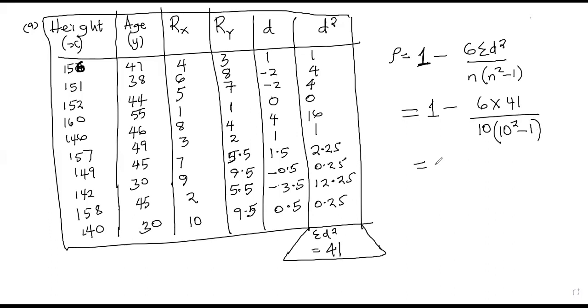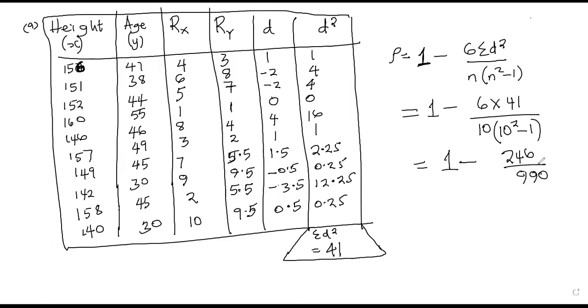So this is going to be 1 minus 6 times 41. This is 6 times 41, or rather 246. So up I have 246. Then this is 100 minus 1, that is 99 times 10, 990. Isn't it?